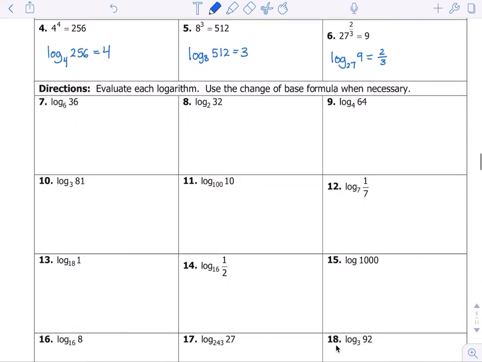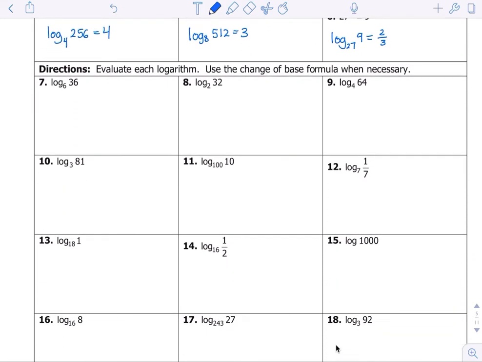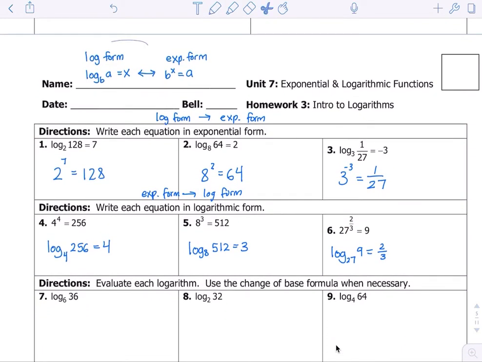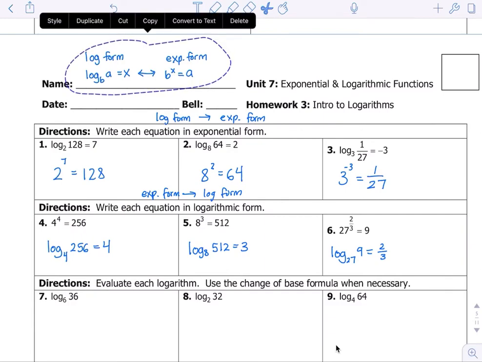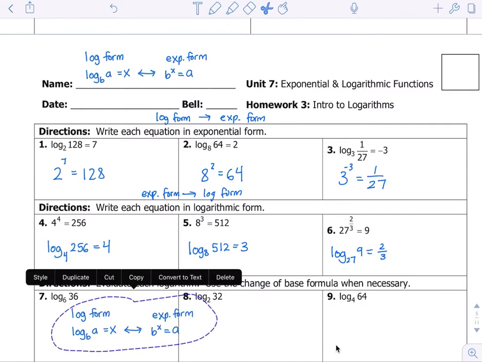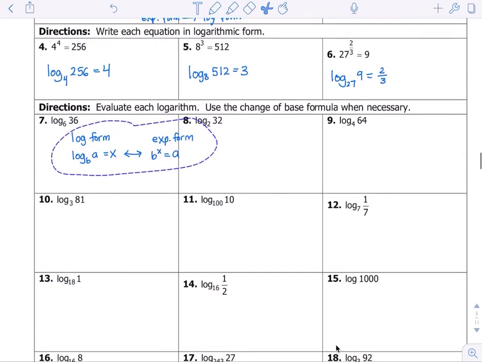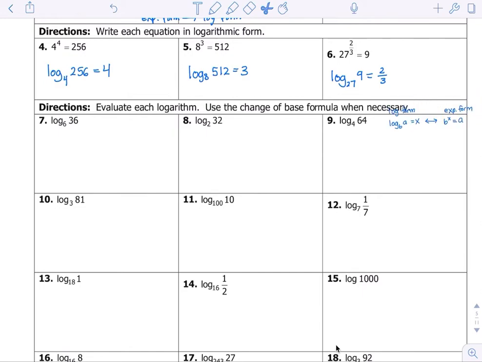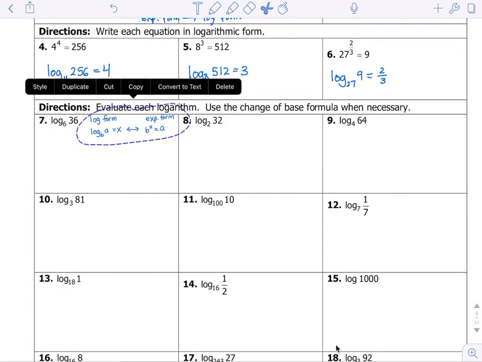All right, so now we have something called this. We're going to simplify this using our knowledge of log form and exponential form. I'm going to bring this down so we have a reference. Okay, so we have that as a reference.